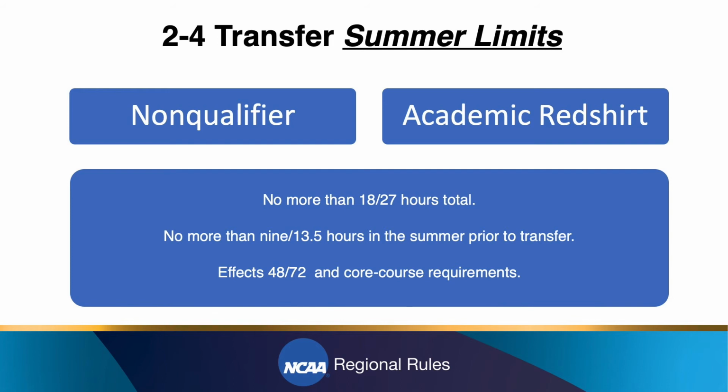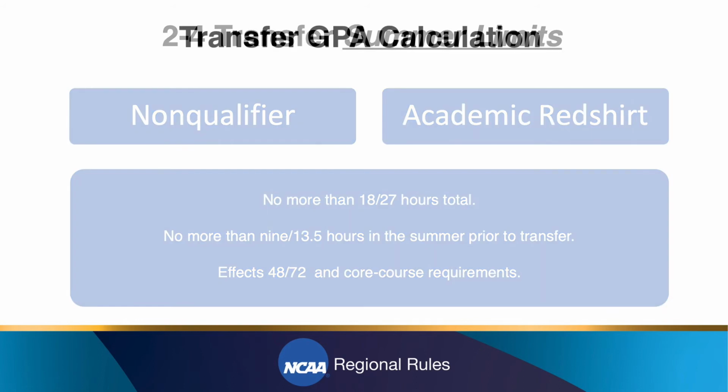Additionally, non-qualifiers and academic redshirt student athletes are limited in the amount of summer credits that can apply to the credit hour and core course requirement.